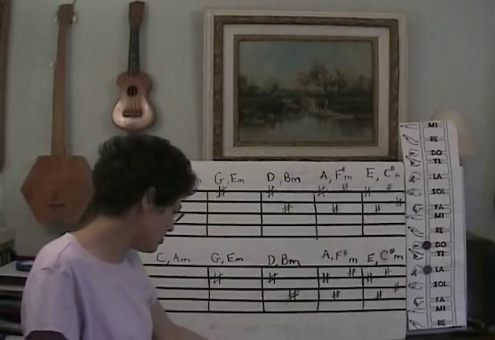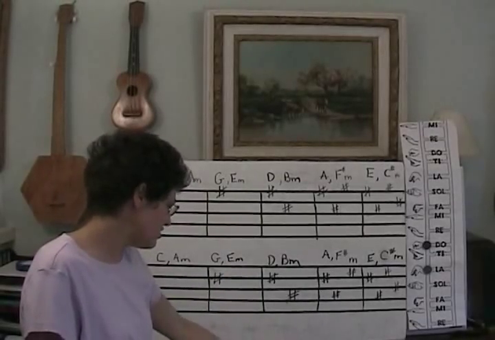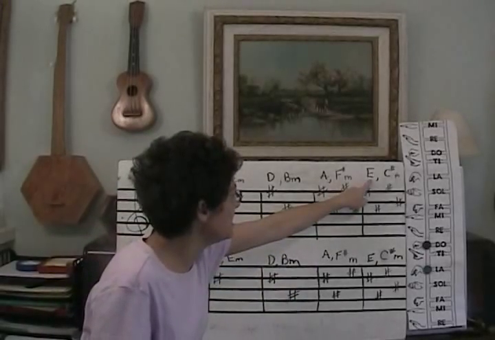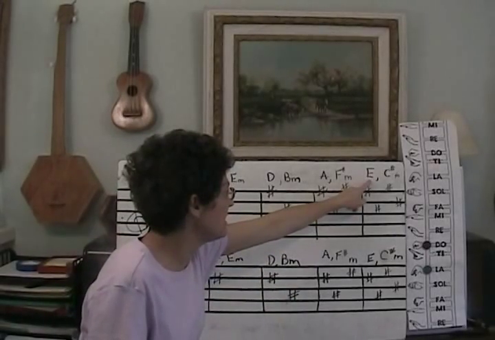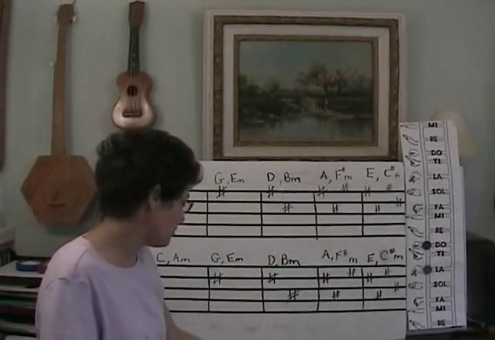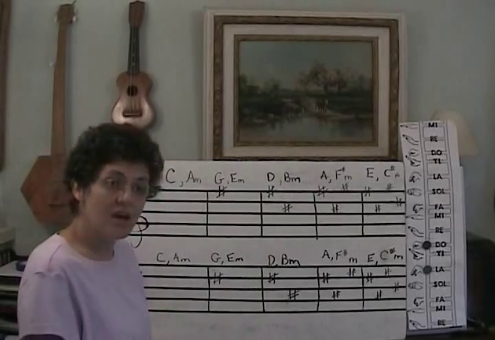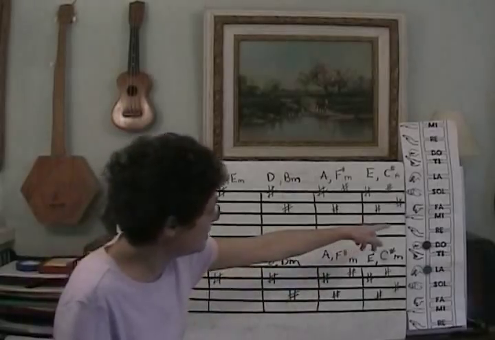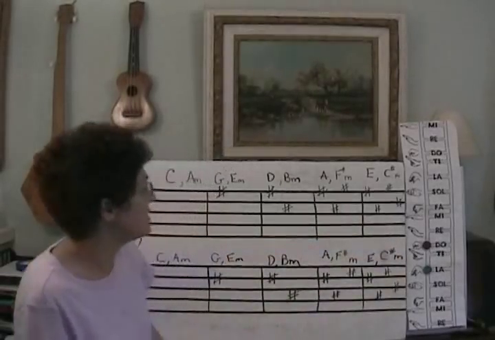From D sharp, here's D sharp, Ti, Do. From D sharp to E, that's our major key. That would be the tonic. And if the last note in the song is a C sharp, that would be the La: la, ti, do, re, mi, fa, sol, la, sol, fa, mi, re, do, ti, la.